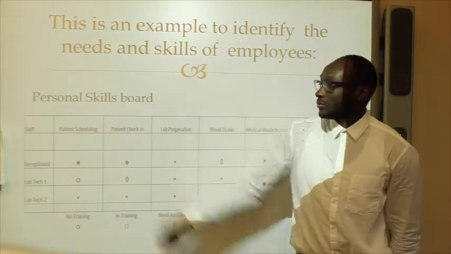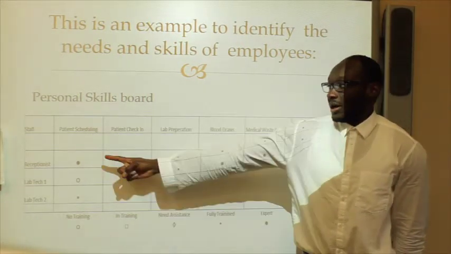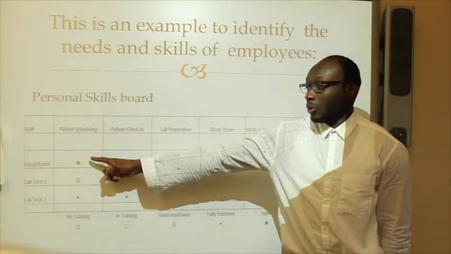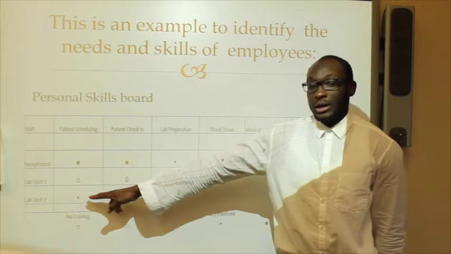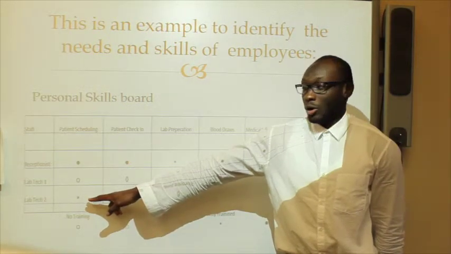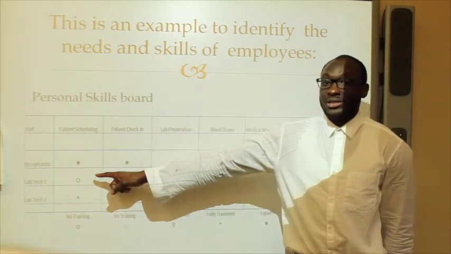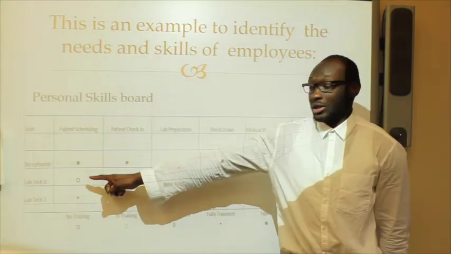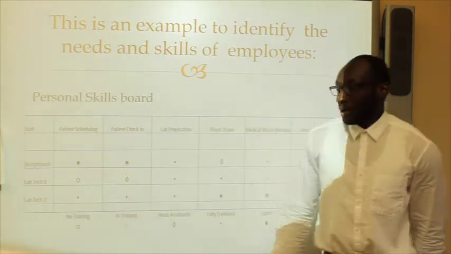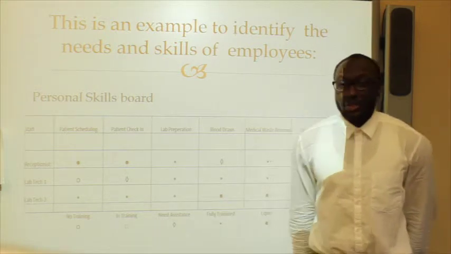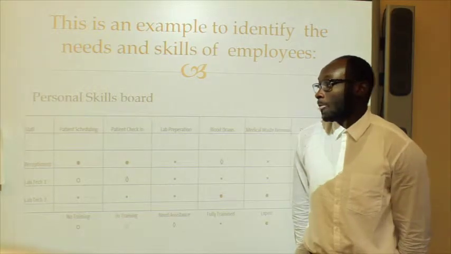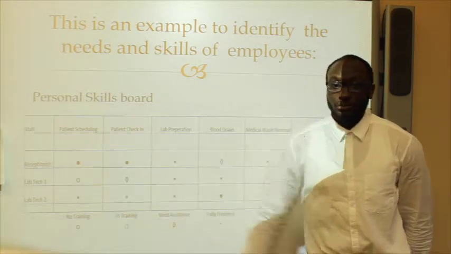Patient scheduling. If the receptionist, who is an expert, is not available, the lab technician 2 can take over. We cannot assign this task to lab technician 1 because he or she is not trained. To improve this case, we should give some training to lab technician 1.